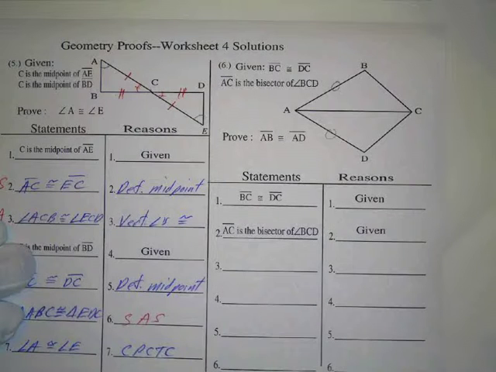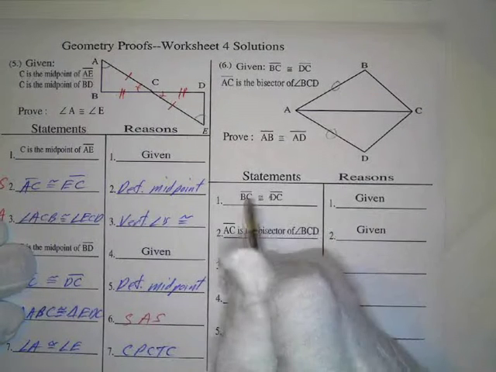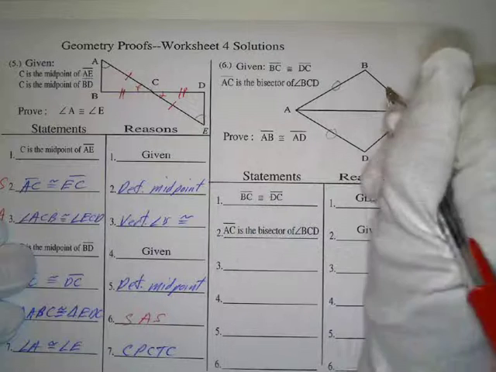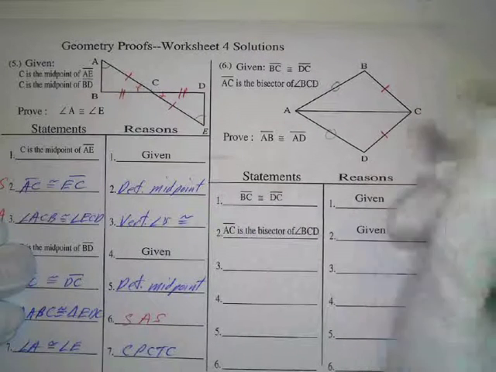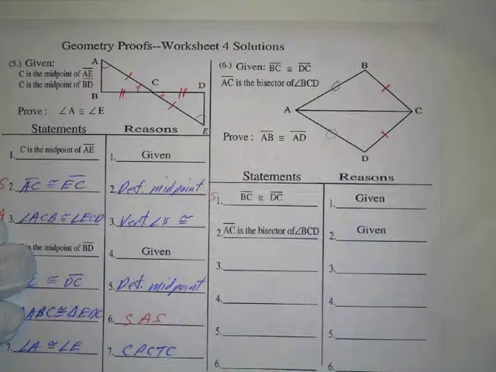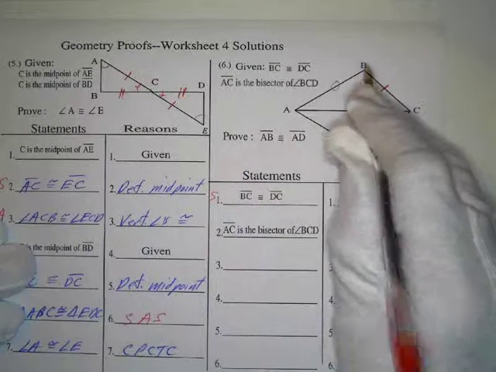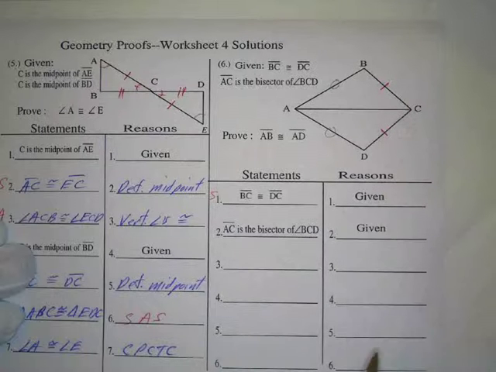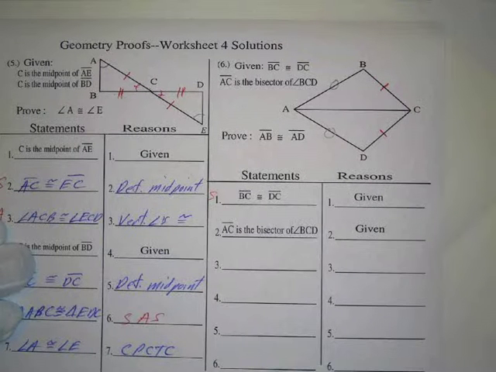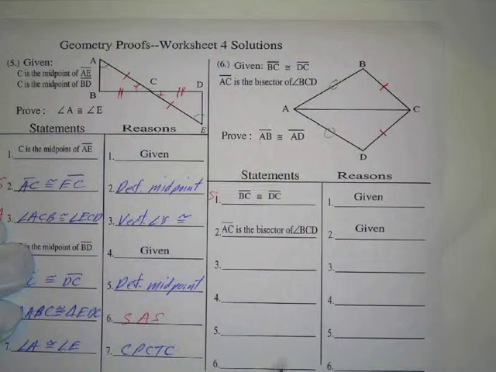And I've got BC is congruent to DC, that's given. So I'll put a mark there, and that gives me a side. And then I have that AC is the bisector of angle BCD, that's given. But if it's an angle bisector, what does an angle bisector do? It divides the angle into two congruent angles.